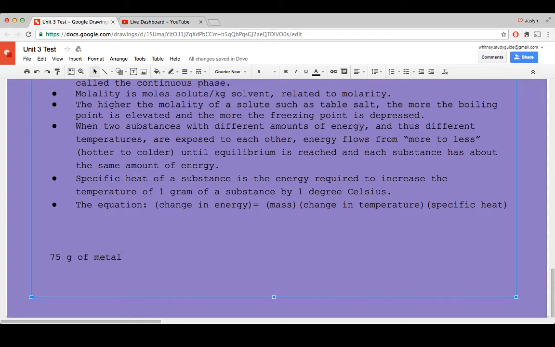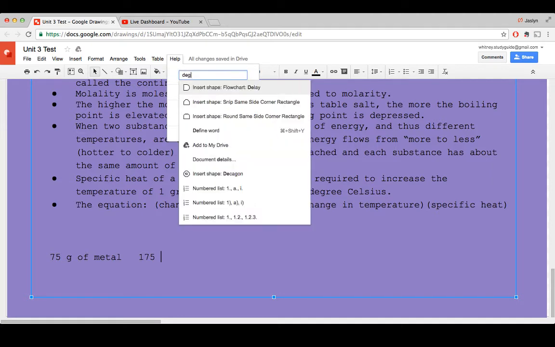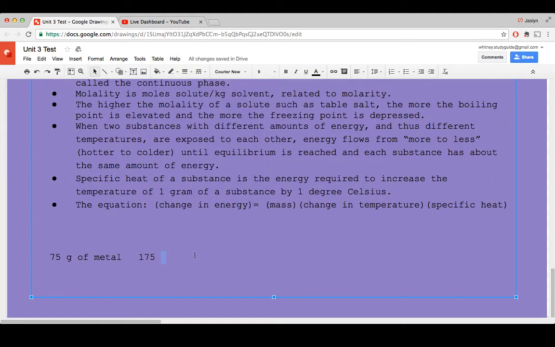We don't know what metal it is, and it's initially at 175 degrees Celsius, and so you add it to, let's say, 30 grams of water. And this water is initially at 20 degrees Celsius.